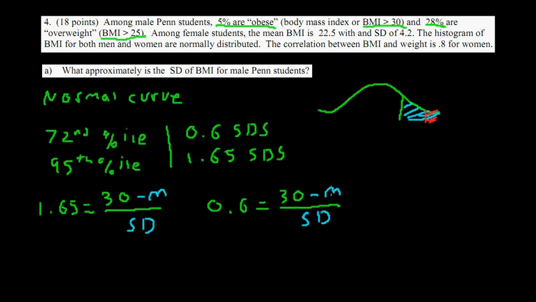Remember, these are the standardized scores, and so what we really care about is the values of mean and SD, but we don't need the mean. So what we can do first is multiply through.